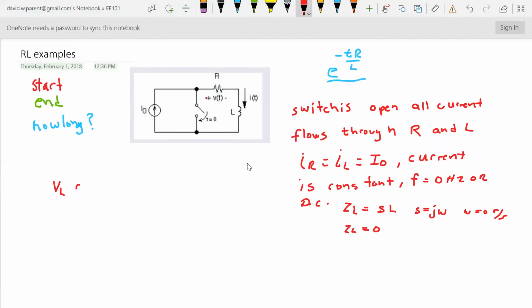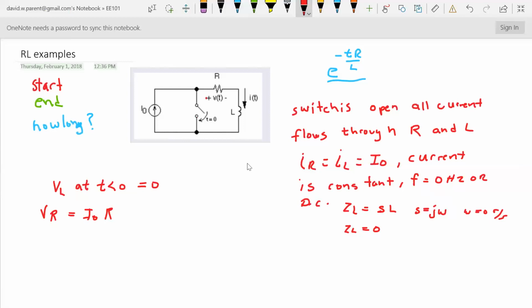So VL at t less than 0 equals 0, and that means all the voltage is dropping across the resistor. They're asking not for the current through the inductor, but for the relationship of the voltage across the resistor.